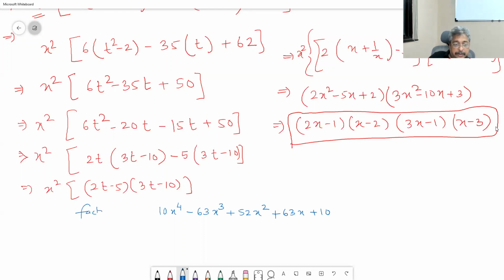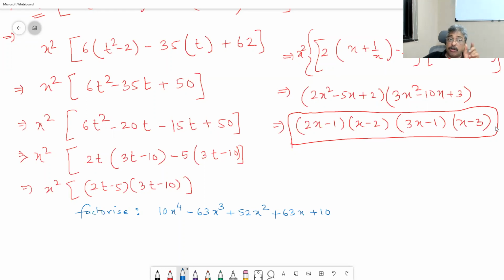Factorize. Okay, 10x fourth minus 63x cube plus 52x square plus 63x plus 10.